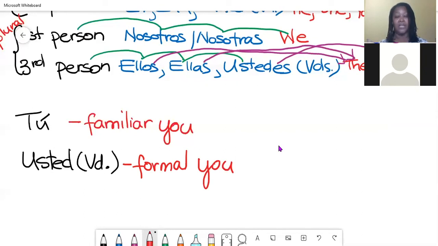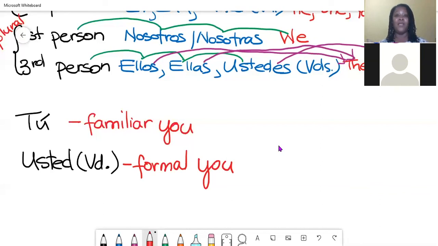And this one is used when you're speaking to persons who are above you in rank, someone who you're not familiar with, someone who is obviously older, and therefore respect is due to that person. That is when you use that formal you. So the example that I would give is your students, and suppose your principal enters the room and you want to say you, you would not say tú, you would say usted.